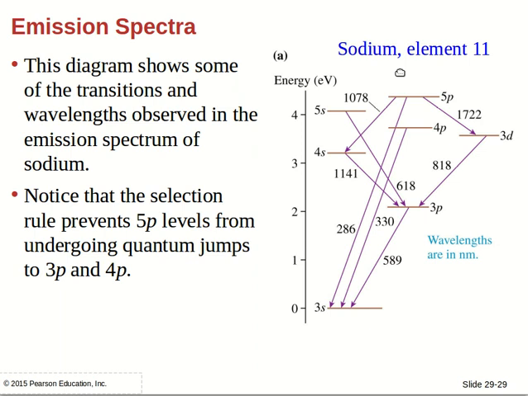The 5p to the 4s transition, which involves 3 photons to get to the ground state, the 5p to the 3d state, which also involves 3 photons to get to the ground state, and then the 5p to the 3s state, which has 1 photon, and it's the largest of all the photons. So this particular transition, this one straight to the ground state, is going to have the highest energy and therefore the highest frequency in this particular collection of transitions from the 5p state on down.